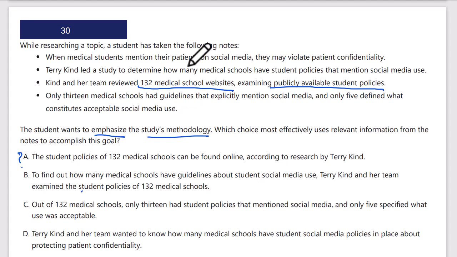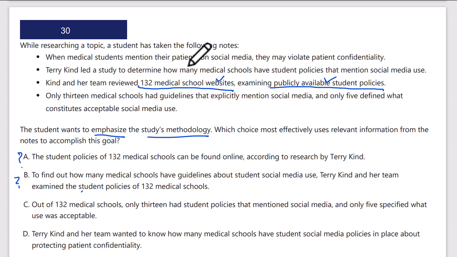So this says nothing about looking through their websites. Yeah, I'm not going to cross that out yet, but I think we need a little more than that. So they found it on the websites. They examined publicly available policies. I think this is better.